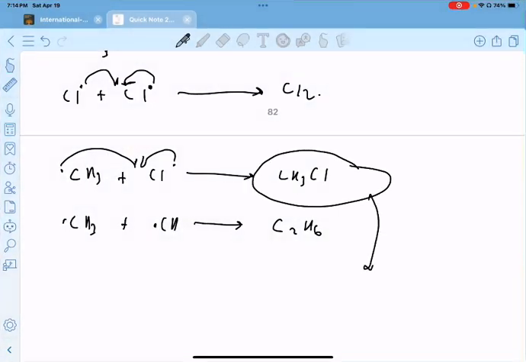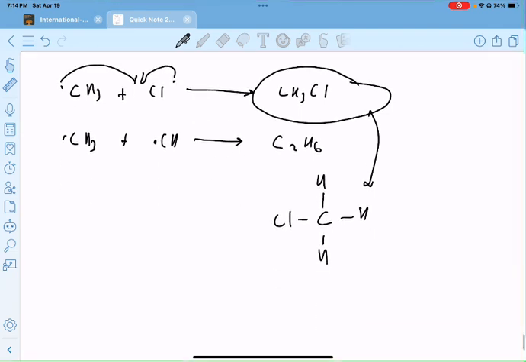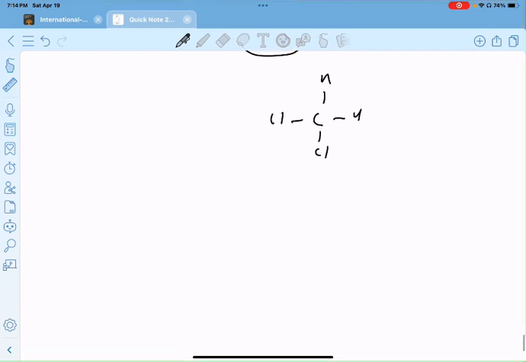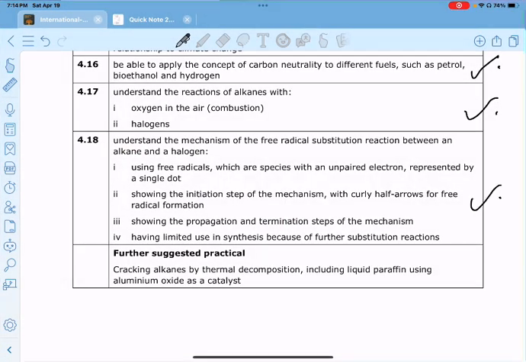We can draw this in structural form, so it will be HCl. Now, if we keep continuing with the chlorine free radical again, we can form 2 Cls, you know? If we do 3, we can replace this again, Cl, or 4 Cl, tetrachloromethane, okay? But that's how we do that.